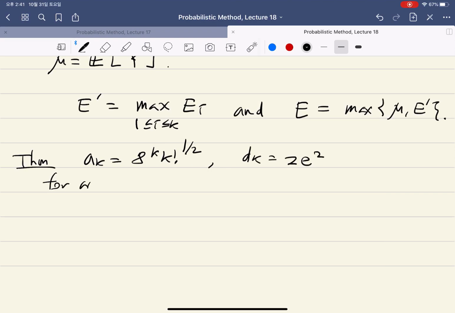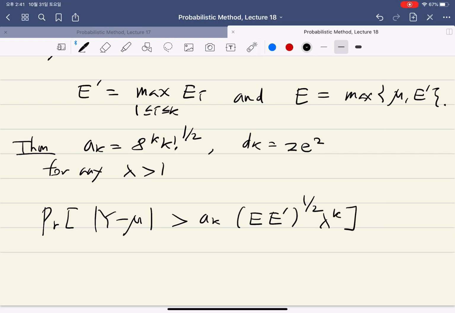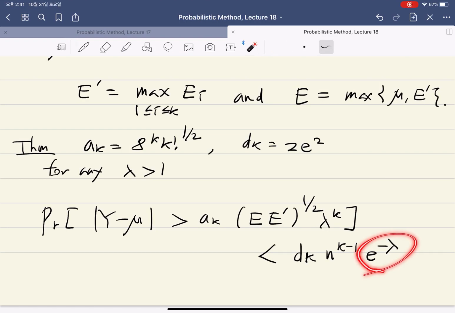Then for any lambda bigger than 1, we have that the probability that Y is far from its expectation, which is measured by this E and E prime times lambda to the k, is small. How small? Exponentially small in terms of this lambda.